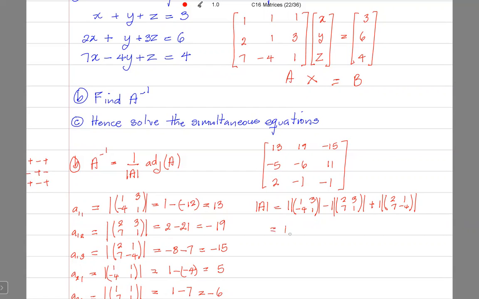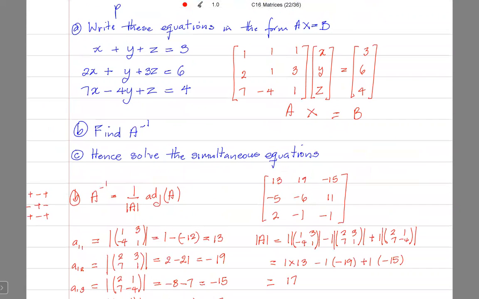So this is 1 times 13 minus 1 times minus 19 plus 1 times minus 15. The determinant here would be 13 plus 19 minus 15, which is 17.